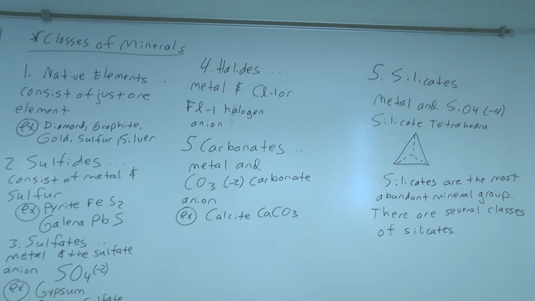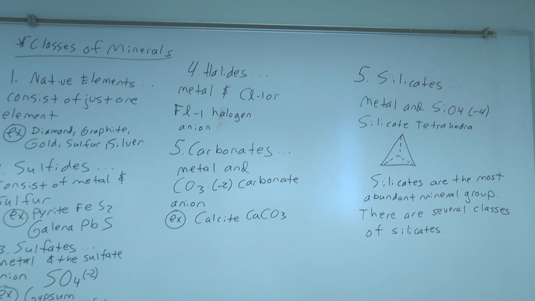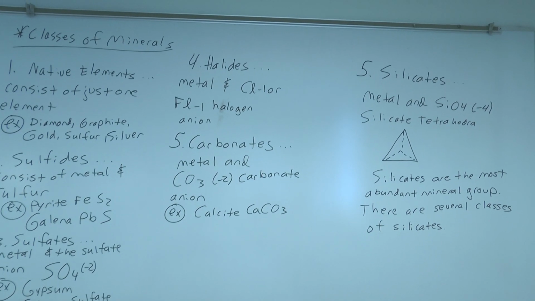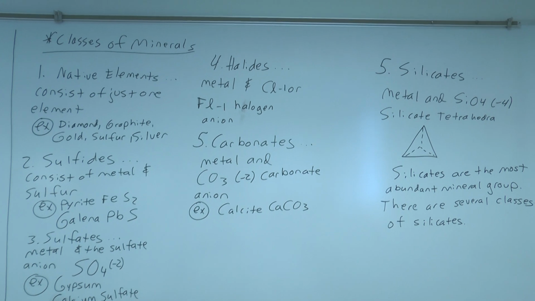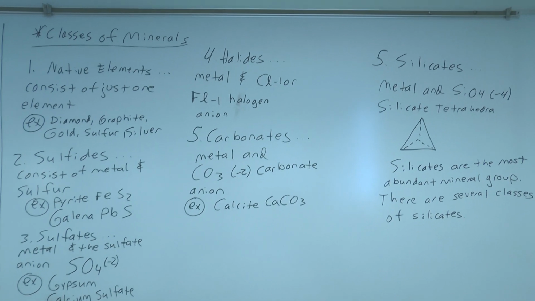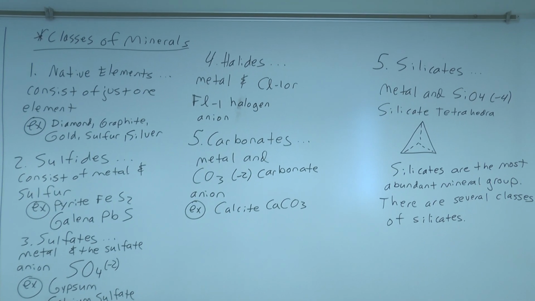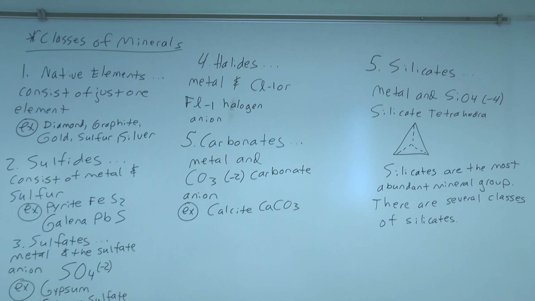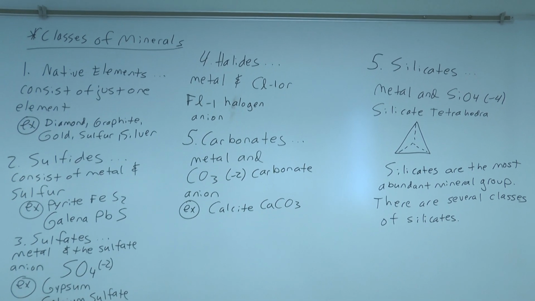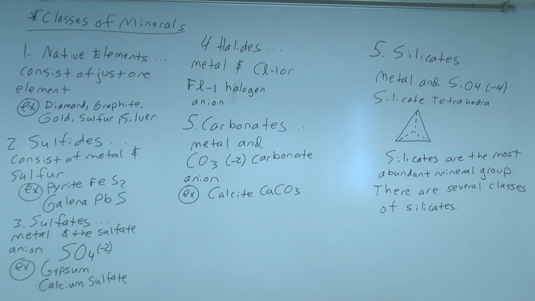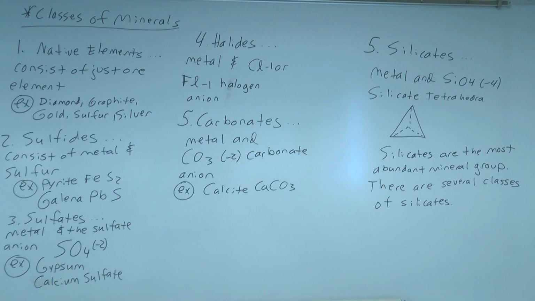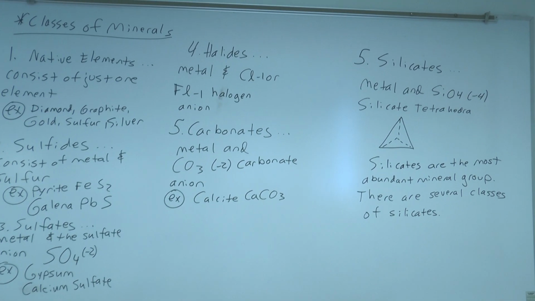Anyway, our best example of the halides, oh, I forgot to write it down, so I'll just say it in words. Remember halite, NaCl, that big chunk of table salt that I held up and showed you guys? Halite is a great example of a halide. Then we have carbonates. So carbonates consist of some kind of metal and the carbonate anion.